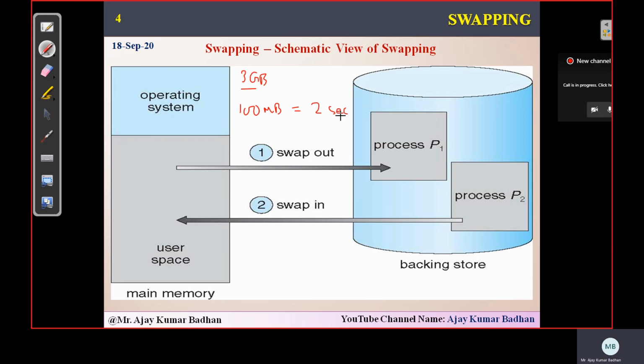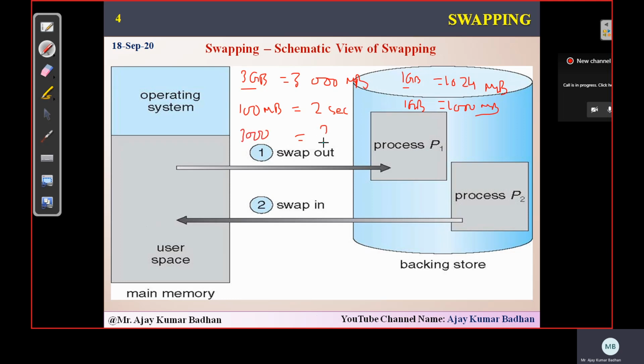For mathematical calculations, as I told you, we will use round figures. 1 GB is actually 1024 MB, but for calculation purposes, scientists use 1 GB as 1000 MB. So 3 GB is nothing but 3000 MB, because for simple calculations, the extra 24 MB is negligible. They just eliminate it.